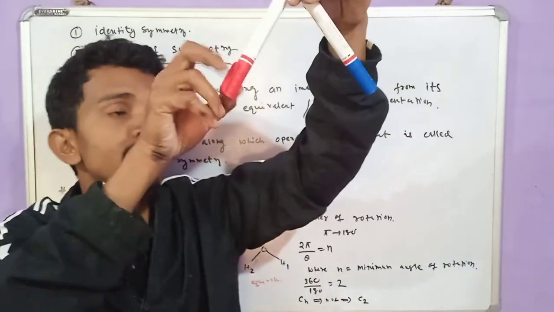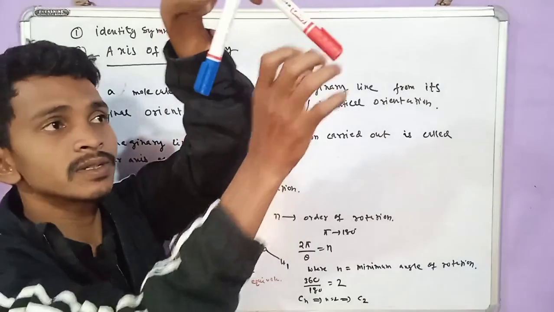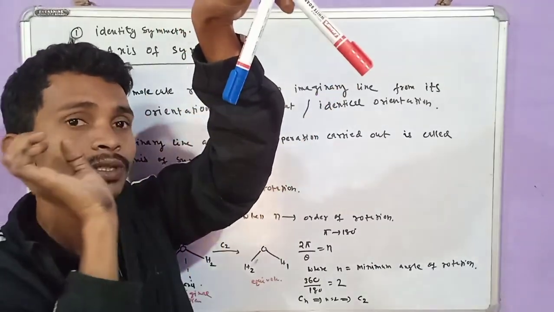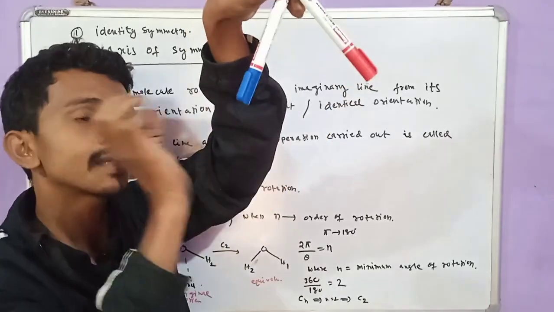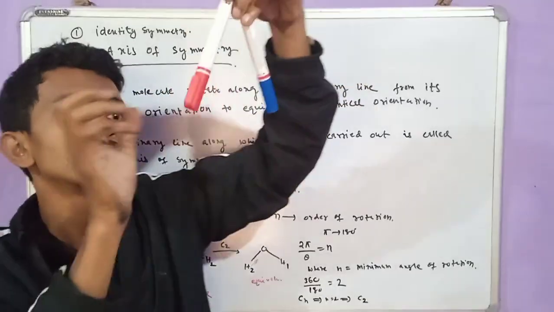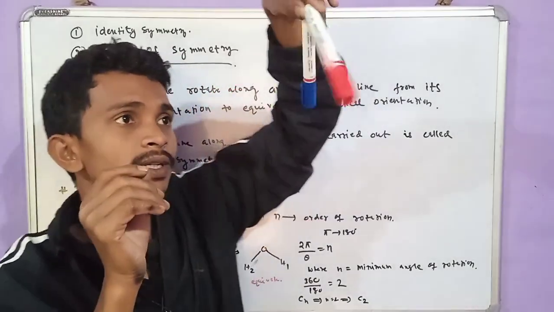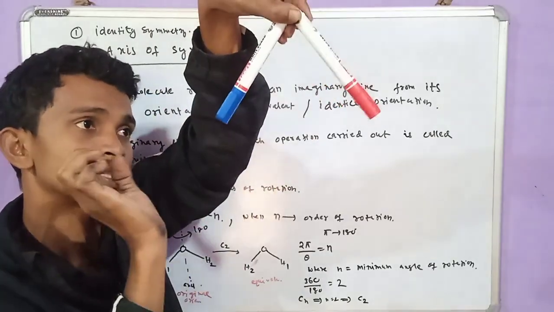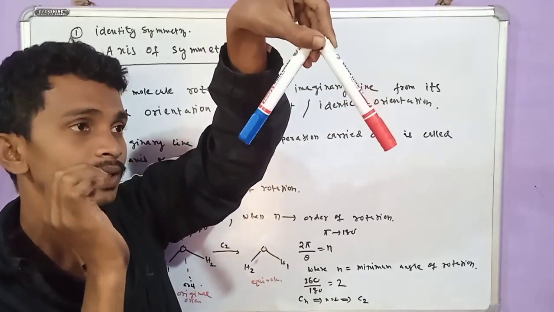In place of an atom, an atom is present. A symmetry operation is valid only if, after rotation, an atom comes in place of an atom. Previously red was here, now blue is here. Although the atoms have exchanged, in place of an atom an atom has come. So this is an equivalent orientation.